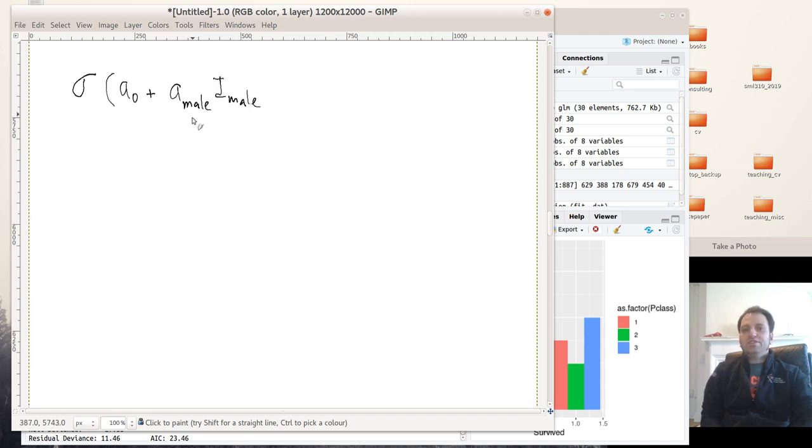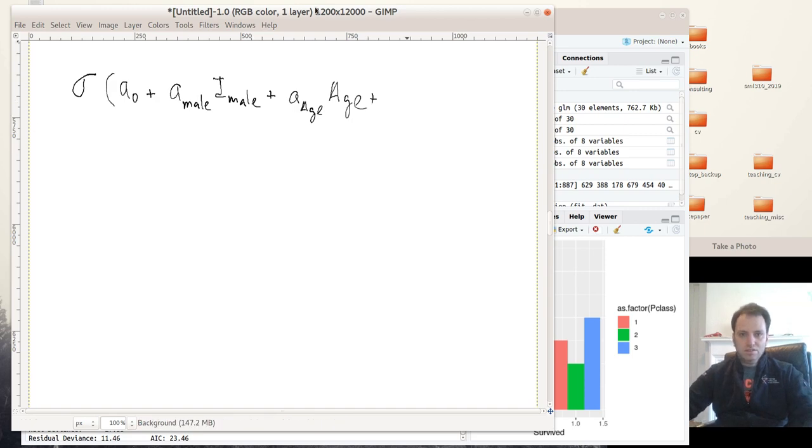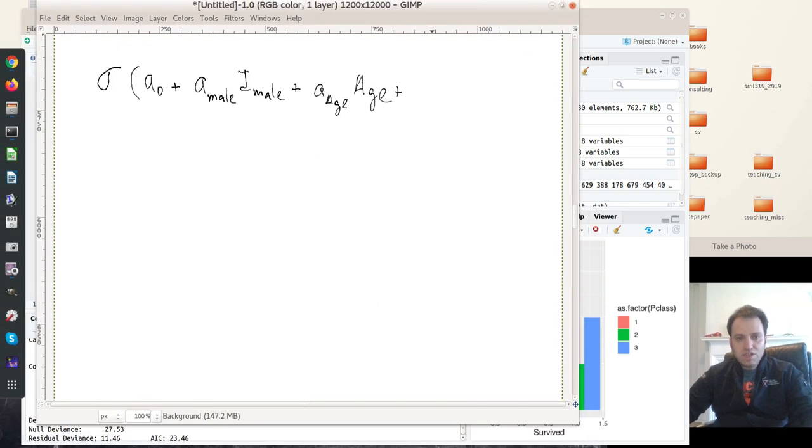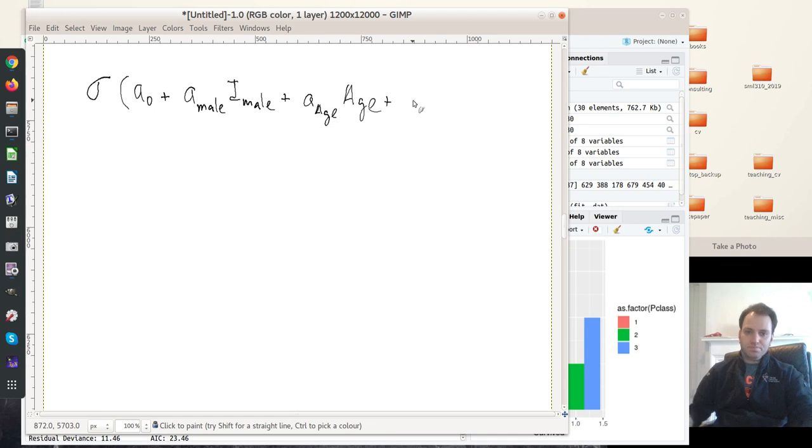So if the person is male, then I'll add this much, and actually that coefficient is negative, whatever. And then I also have a coefficient times age, and we also used fare, so I'll also have a coefficient times fare.